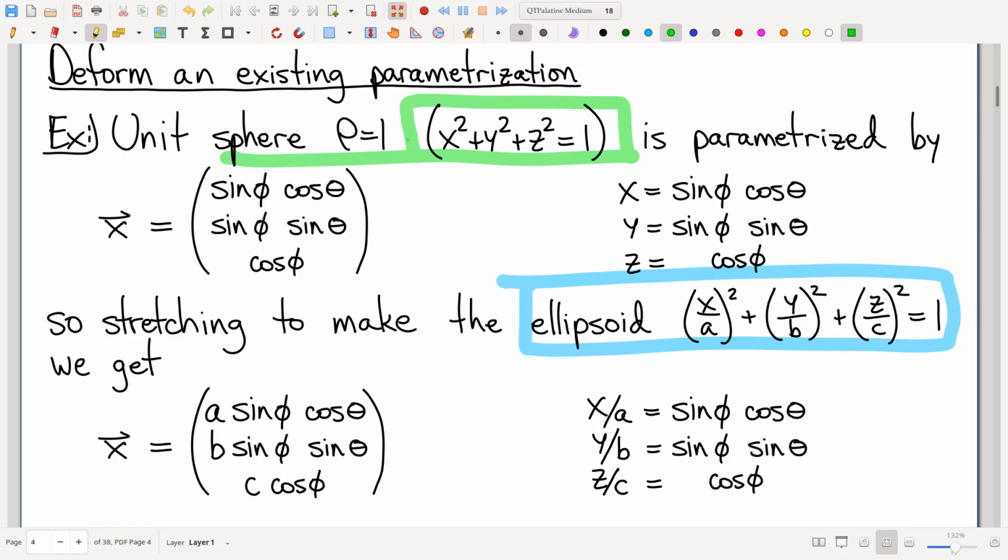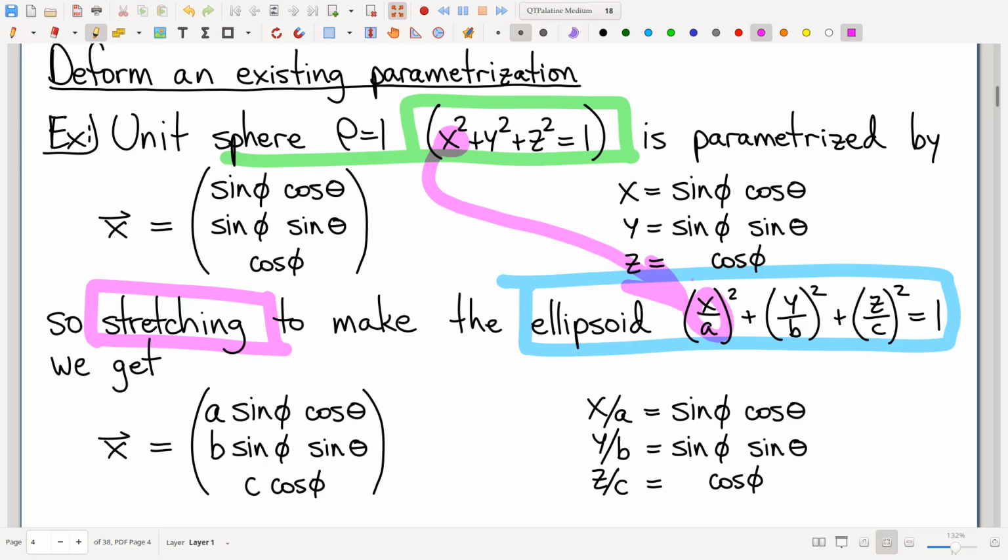In particular, if I want to stretch it so that instead of having a radius in the x direction of 1, I have a radius in the x direction of a, then everywhere you see an x, you replace that x with x over a. Likewise, you replace y with y over b, et cetera. So that gives us this equation of the ellipsoid.